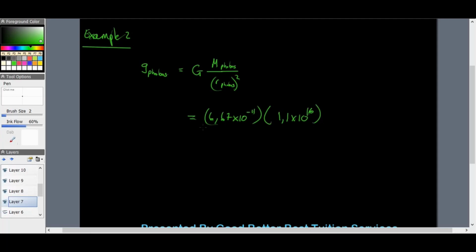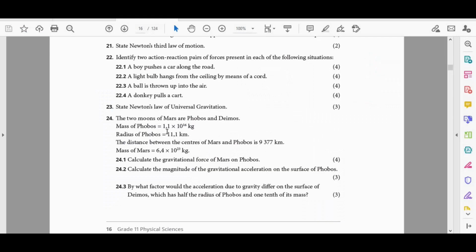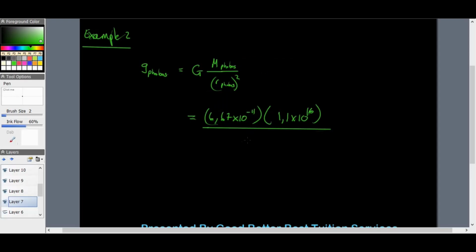It's a positive number. Good. All over the radius. Now, what did they tell us? They said that the radius of Phobos was 11.1 kilometers. We need to convert that to meters, so 11.1 times 10 to the 3, in scientific notation, all squared.